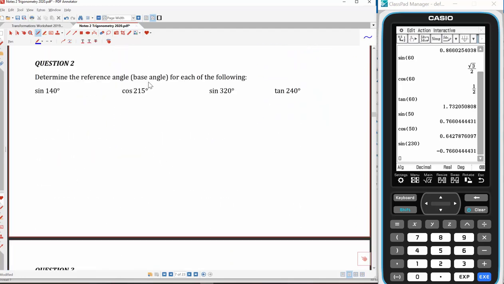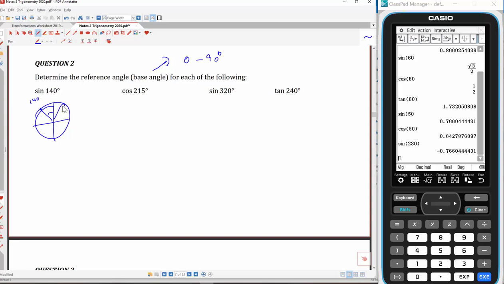Okay, determine the reference or base angle for each of the following. Remember that the base angle is an acute angle, an angle between 0 and 90 degrees. So if we've got the sine of 140, okay, so here is 90 degrees. 140 is 50 more than 90 degrees. So here is 140 there. All right, so what we want to do is get what we call the base angle, which is the first quadrant version of 140.